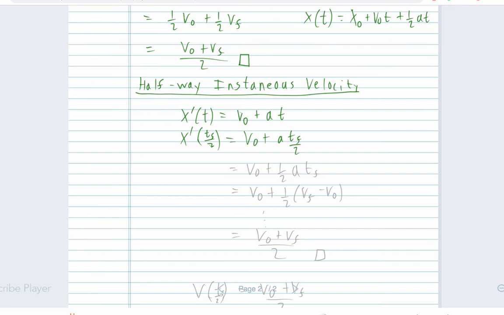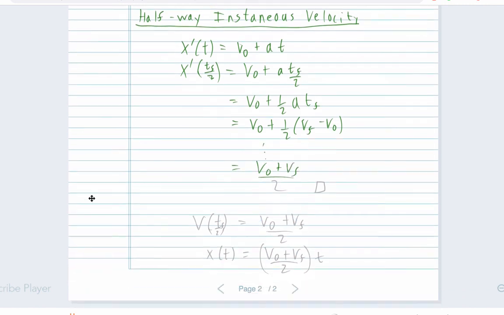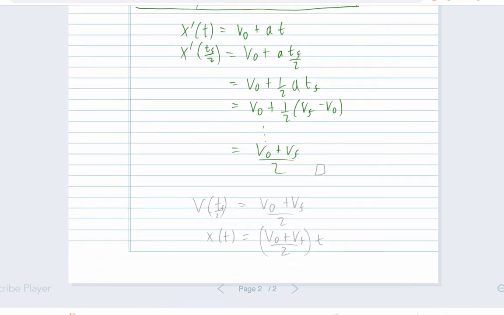I probably don't even have to write these steps, but you'll notice a t final over 2 is the exact same as 1/2 a t final, which we just showed was, I can go through the steps again, but it's v naught plus 1/2 v final minus v naught. Okay, and just like we did before, we end up with v naught plus v final over 2. Okay, and there we go.